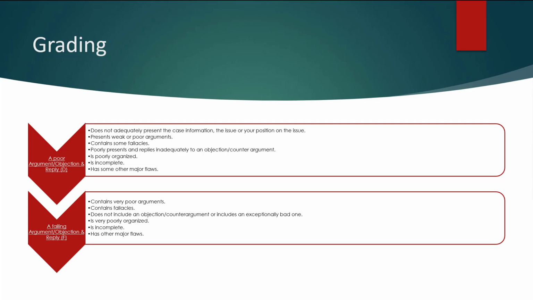Again, simply turning in nothing would be a 0, and turning in something that's really bad would be something more than 0. Even if a paper is terrible, if it does at least some things, it gets some points. And definitely you would want to avoid the poor or definitely the failing.